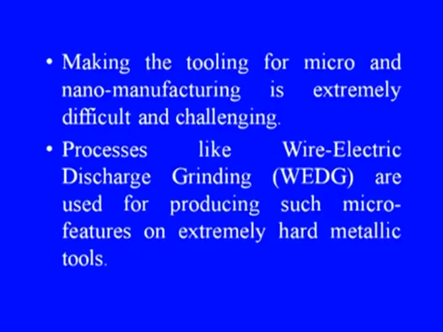Making the tooling for micro and nano manufacturing is extremely difficult and challenging. This is what I was telling. Say for example, processes like wire electric discharge grinding are used for producing such micro features on extremely hard metallic tools. Thus, for nano manufacturing, again the production of the tool itself is a big issue.